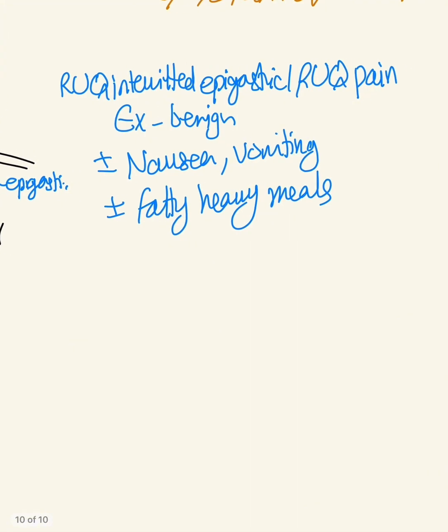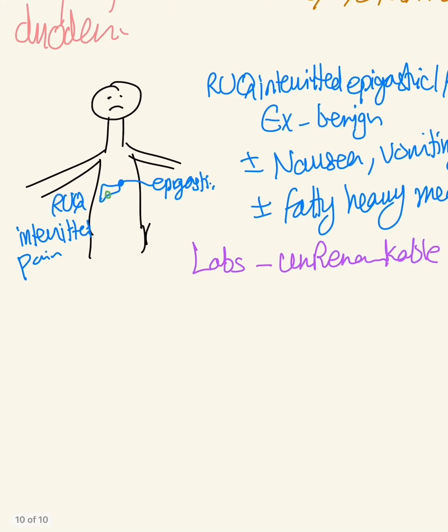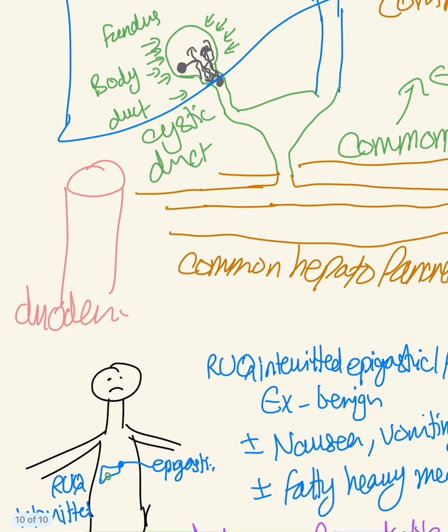When this patient comes to the ER, we ask for labs. In most cases, the labs will be unremarkable, i.e. we would not necessarily have a high total bilirubin or high white blood cells, because it's a benign condition where you have the stone just coming in and out of the gallbladder.